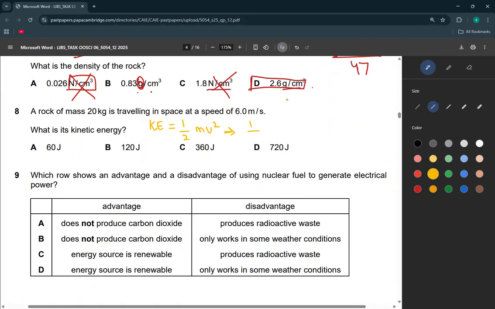Half into mass 20 is 10, and 10 into 6 square, which is 36, gives us 360 joules. So that is option number C.